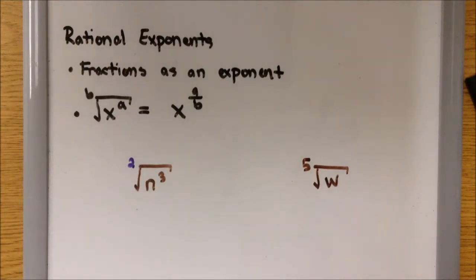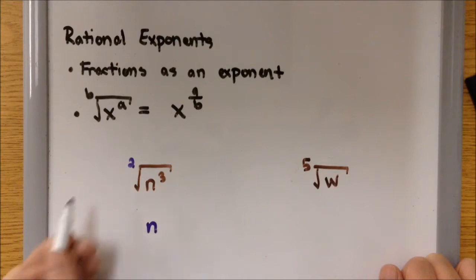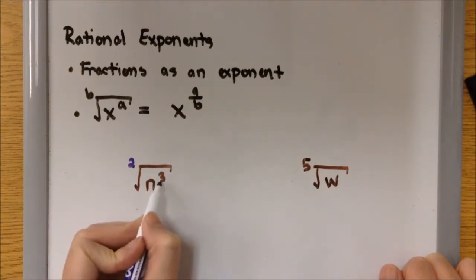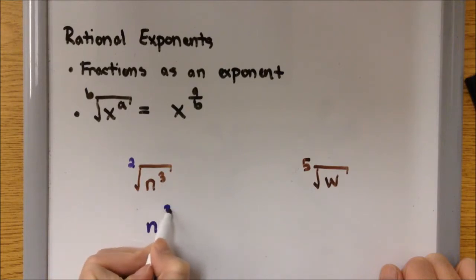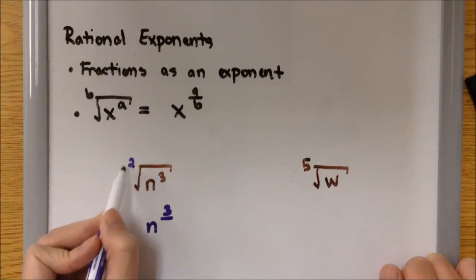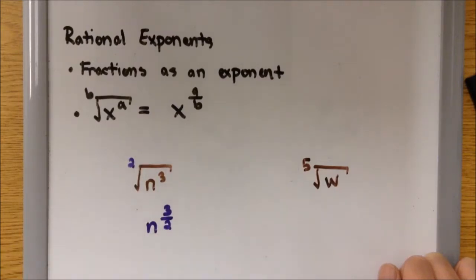So if I were to rewrite this radical expression as a rational exponent expression, it will be n. What's inside the radical will be the numerator. So my exponent inside is going to be on the top, over what's outside the radical, the top left of the radical, so 2 will be down here.